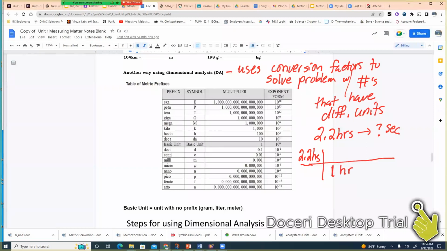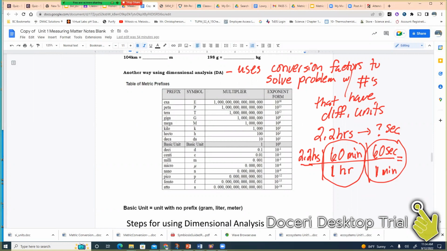I would say 1 hour is equal to 60 minutes. That would be considered a conversion factor. And then what would I need to do? Go from minutes to seconds, 60 seconds. And that is a conversion factor. And when you've done that and set up all your conversion factors, then you multiply across. So 2.2 times 60 and divide if you have anything on bottom. And that's what dimensional analysis is, that process of using conversion factors to get from one number with one unit to a different number.